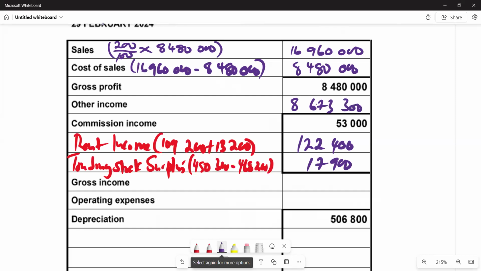So this is what we are supposed to say: gross profit plus other income, then you get your gross income. If you add there, for gross income, you're going to get 8,600,000.